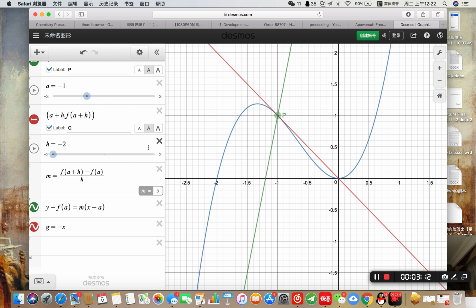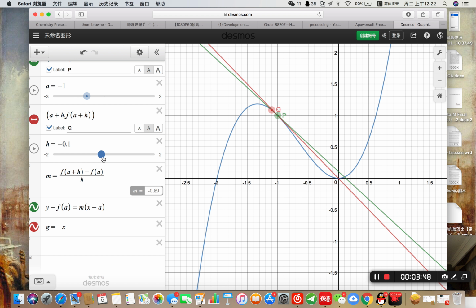It's more clear now. So h approaches 0 from the negative side. Now the secant line is this green line, and when h approaches like negative 0.2, it's getting closer and closer to the actual tangent line at the P point.